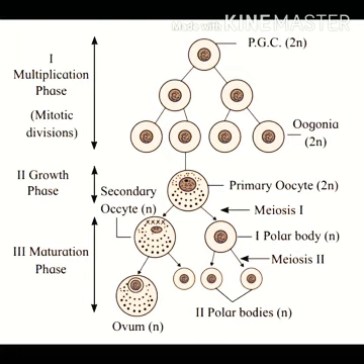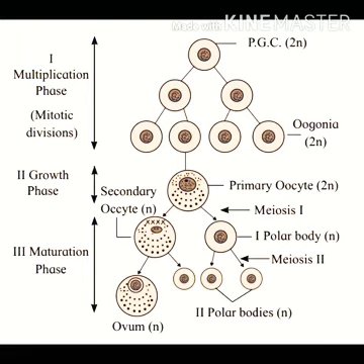If the secondary oocyte does not receive the sperm or spermatozoa, it is shed off along with the menstruum, means the first phase of the menstrual cycle, that is the bleeding phase. In this way, you can describe oogenesis in detail with the help of this diagrammatic representation of the whole process.